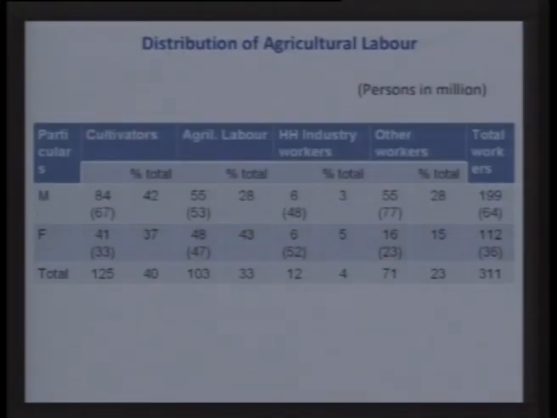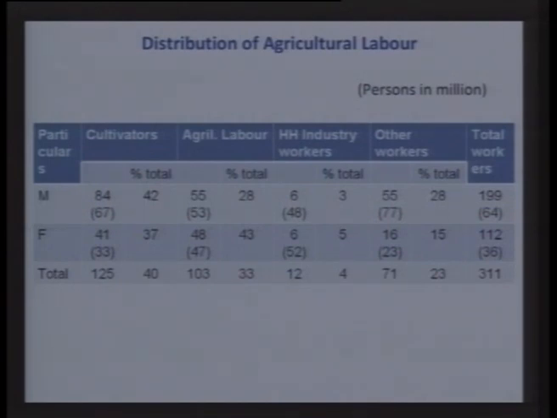Looking at the distribution of agricultural laborers, the laborer in the rural area is employed in many forms: the cultivators, agricultural laborers, household industry workers. There are a number of industrial activities which take place in the rural area, and those employed in this sector are the household industry workers, and then there are other workers.